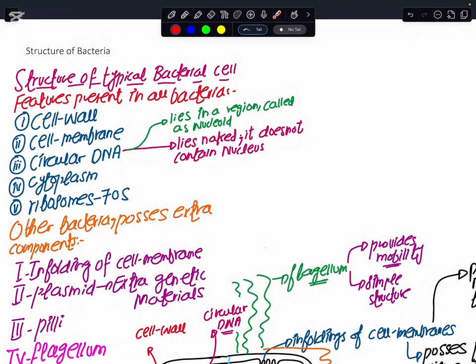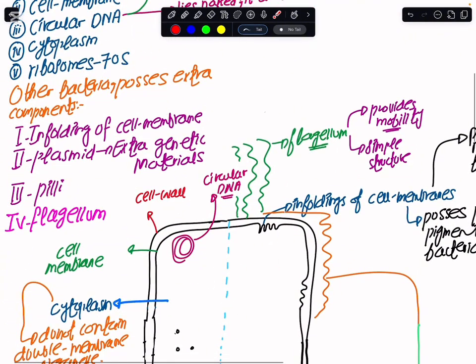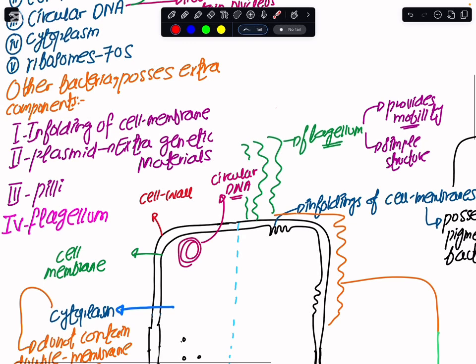Now, there are some other bacteria that are unique in that along with these typical structures, they have some enfoldings of their cell surface membrane. And not only do they have their circular DNA, but they would also have plasmids, which serve as extra genetic material. We will see in a while what these plasmids actually do for the bacteria.